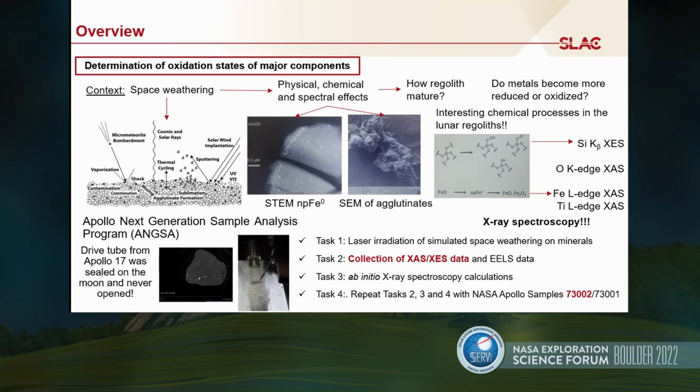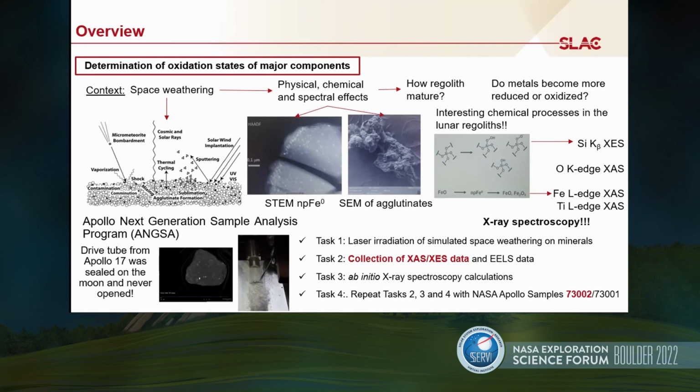So we collected data on these simulants, and we have also performed some data collection on the electron energy loss spectroscopy side, which is the electron-based analogue. This project also involves some ab initio calculations using density functional theory to get more information about the X-ray spectroscopy features that we can get from the experimental spectra, and everything we repeated for the NASA Apollo samples.